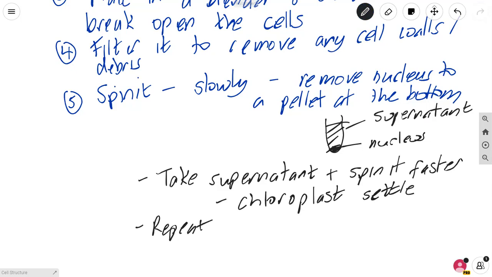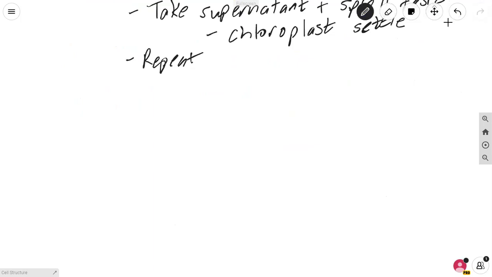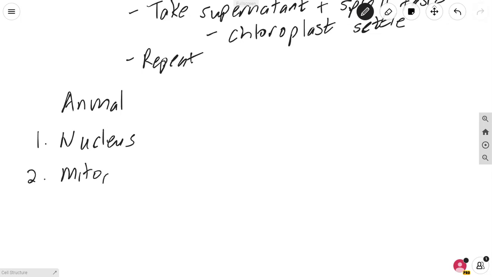So if you do it with an animal cell, first you get the nucleus, then you get the mitochondria, then you'll get things like the Golgi or the RER. It's very hard to say exactly which one. And eventually you end up with ribosomes.